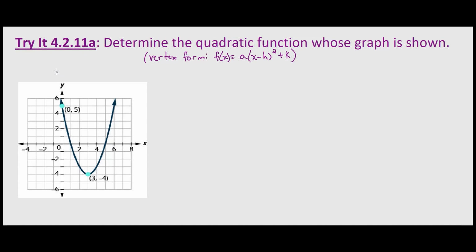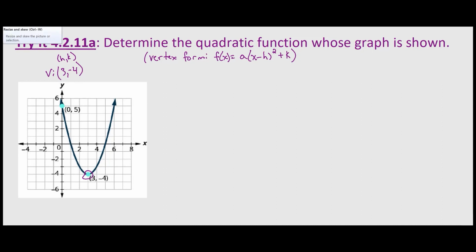The first thing we're given is the vertex is at (3, -4). So what does that mean as far as the function is concerned? Let's put in what we do know. That's (h, k), (3, -4).